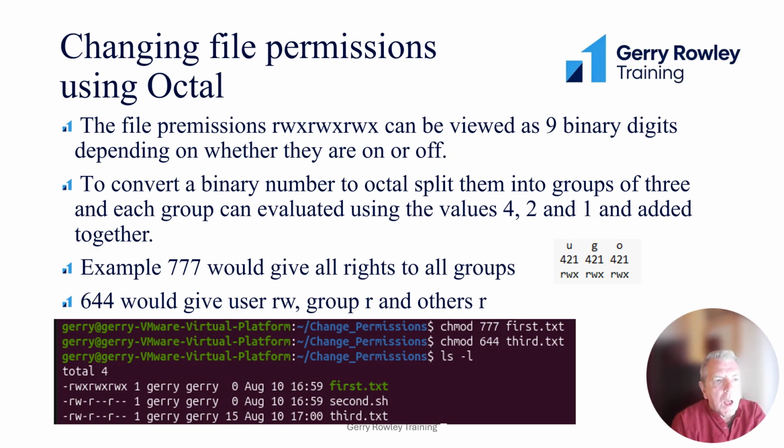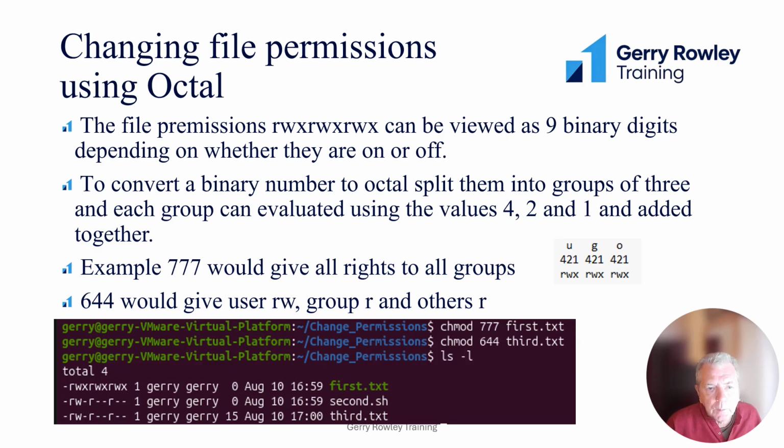Right. Another way to change permissions is to use the octal number system. We've used hexadecimal to convert binary to hexadecimal. You split your binary numbers into groups of 4. To convert your binary numbers into octal, you split your binary numbers into groups of 3. This is quite useful for changing permissions.